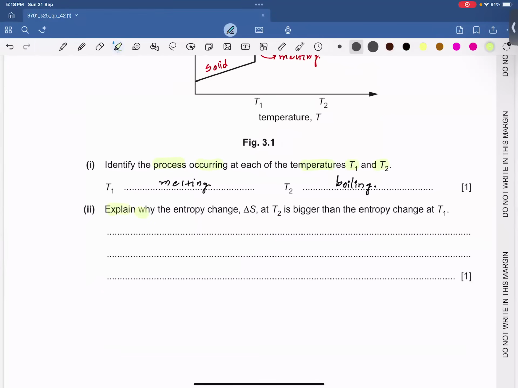Now, in the next part, explain why the entropy change at T2 is bigger than the entropy change at T1. I've told you that gaseous molecules have higher entropy value because they have extreme random motion. So they will have extreme disorderness in the system, all right? So what we can write here is at high temperature, liquid will turn to gas.